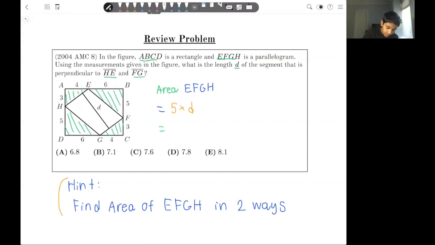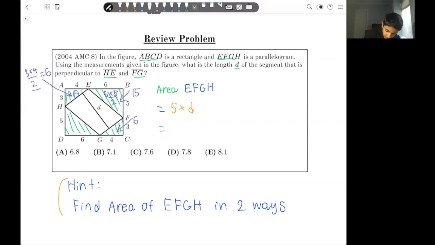So what's the area of this first triangle here? That's just going to be 3 times 4 divided by 2, which is 6. The area of this triangle is just 6 times 5 divided by 2, base times height divided by 2, which is 15. This will also be 3 times 4 divided by 2, which is 6.